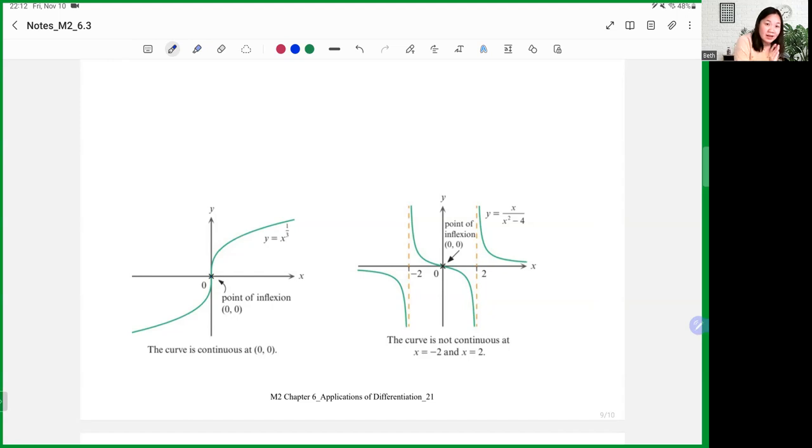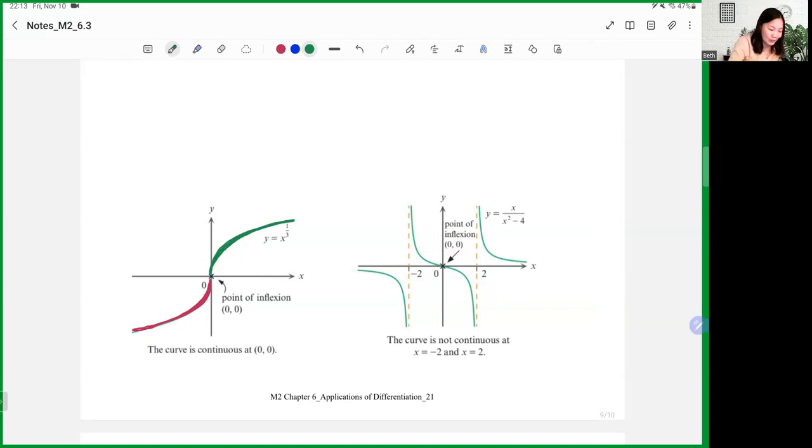So at this point, the second derivative does not exist. However, on the left it does exist, and on the right it does exist. According to my signs, I have on the left concave up, on the right concave down. Although in the middle it's undefined, I still call this a point of inflection, as long as there is a point there and there is a change of concavity.